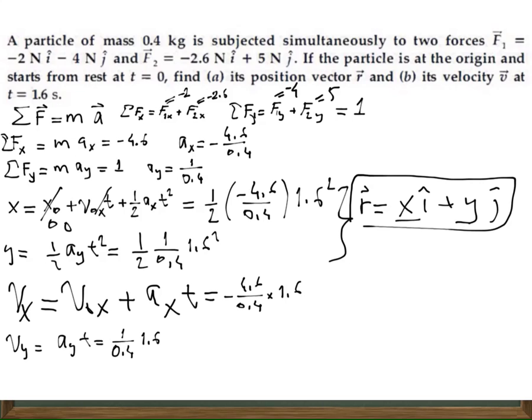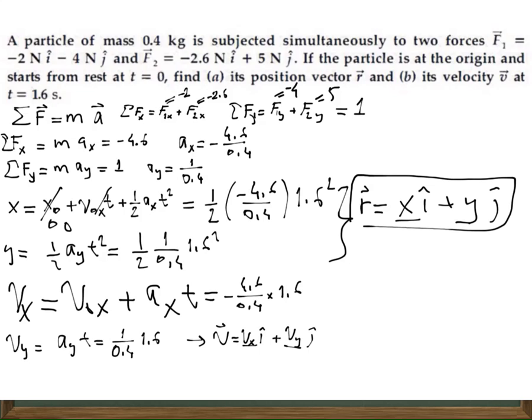And if the problem asks you for the velocity vector, then you will write this result as v_x i plus v_y j, and these are to be calculated from these expressions. That's it.